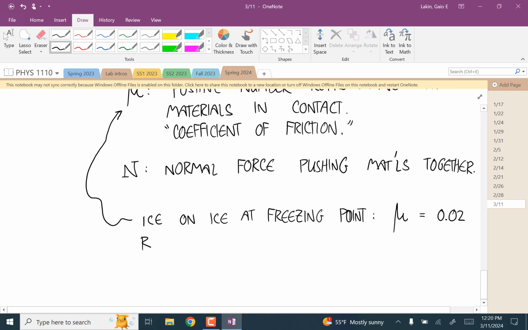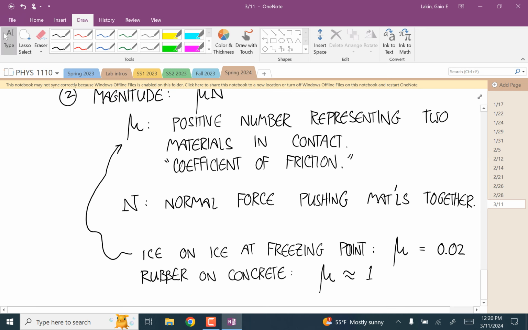Rubber on concrete is kind of like the other extreme. You know, there's a lot of grip between those two things. And you get a value somewhere around 1. It can be a little more, a little less, depending on the type of rubber and stuff like that. So mostly the values are going to be between 0 and 1, although there's no rule saying that it has to be less than 1.